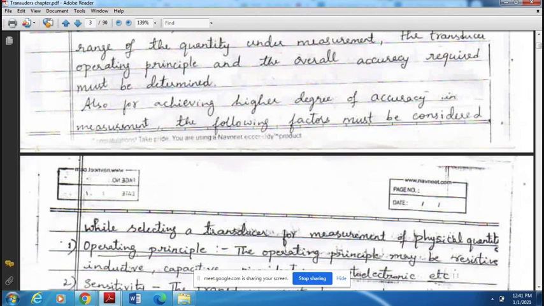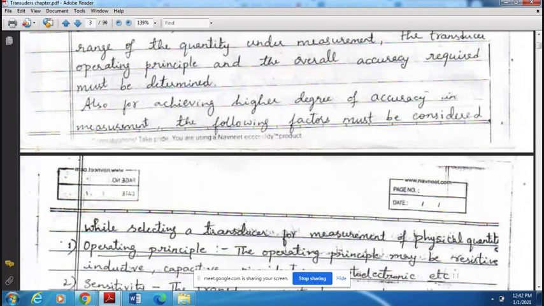Based on the application, we select the transducer, which has different types of operating principles, like resistive, inductive, or capacitive. The transducer might depend on any of these principles, so based on our application, we have to select.